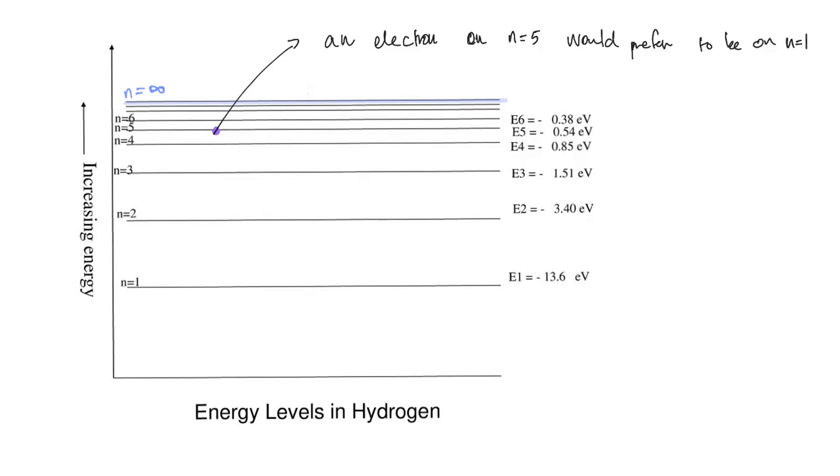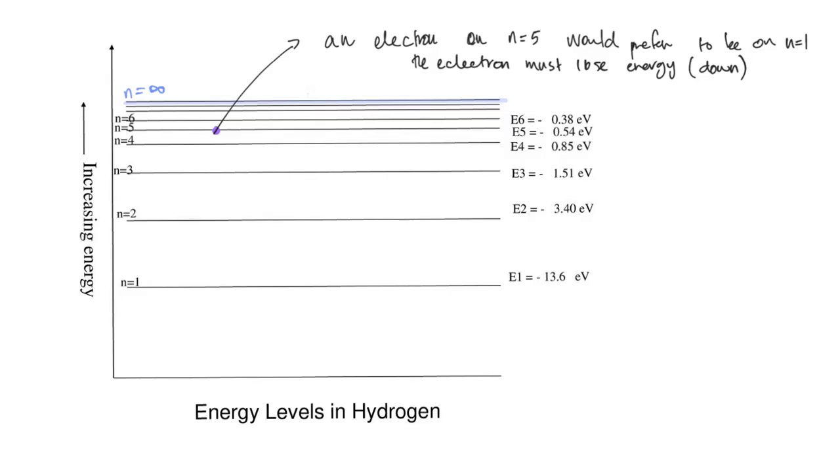Now in order to do that, the electron must lose energy. It must keep losing energy in order to move down.